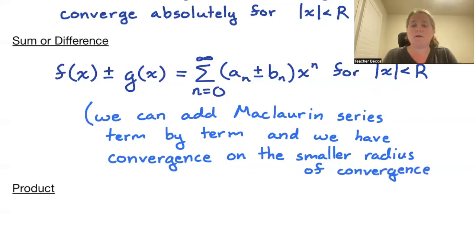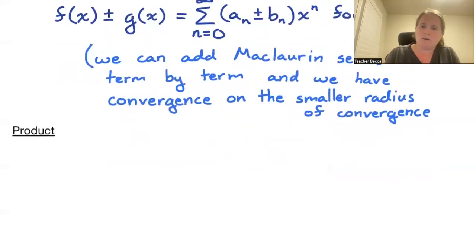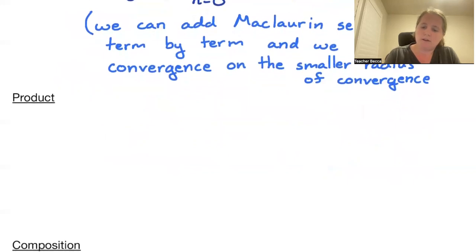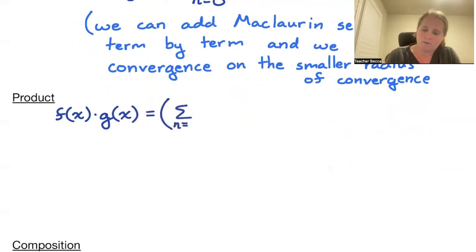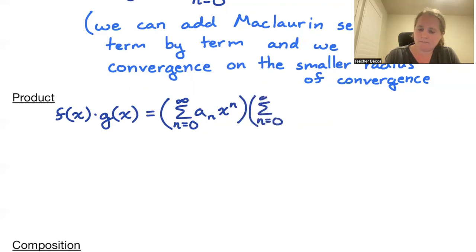Next up, we have taking a product of Maclaurin series. So if we wanted to take the product of f of x times g of x, this is the same as multiplying the sum from n equals 0 to infinity of a sub n x to the n times the sum from n equals 0 to infinity of b sub n x to the n.